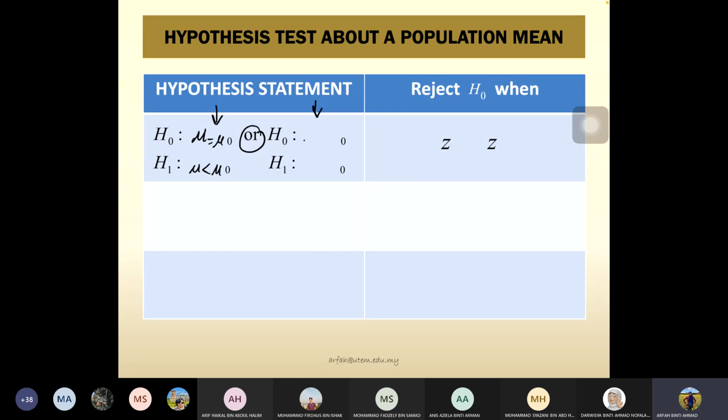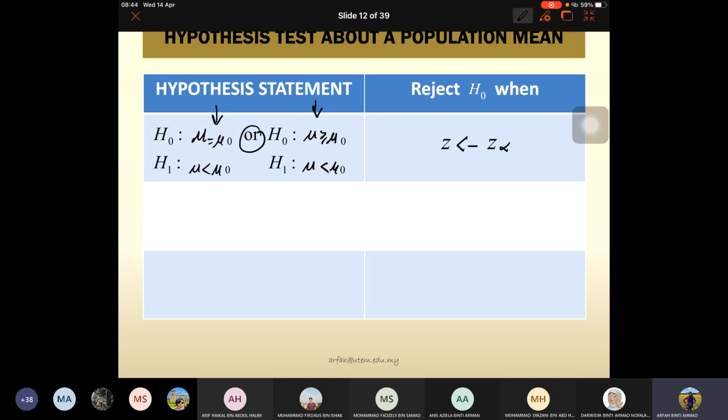Okay, we can also put mu greater or equal to mu not. Its complement, H1, is mu less than mu not. So Z less than negative Z alpha is its rejection region. Why Z less than negative Z alpha? Because in H1 you have the less than sign.